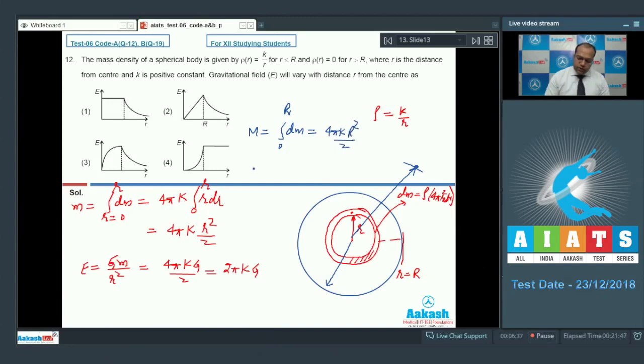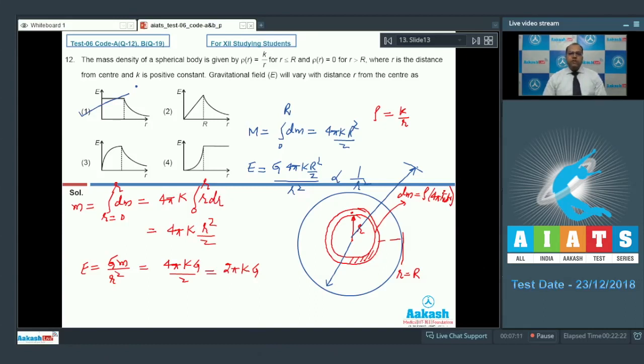So the gravitational field at the outside point is equal to G into capital M, that is 4 pi k into R square by 2, divided by small r square. So this is inversely proportional to r square. So from 0 to capital R, it is constant, and afterwards it is inversely proportional to r square. So option 1 is the correct answer. So the correct answer for question number 12 is option 1.